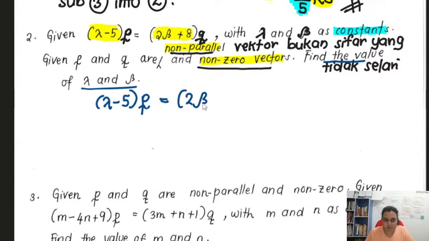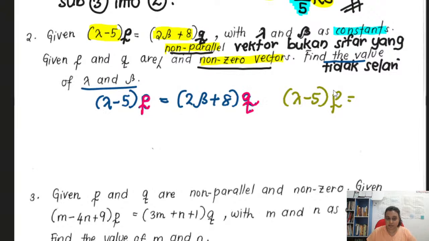Copy the question first. Make sure one vector is on the left side, satu vektor di sebelah kiri, and the other vector must be on the right side, lagi satu vektor di sebelah kanan. Because sometimes in the SPM trial, they can give it like this.